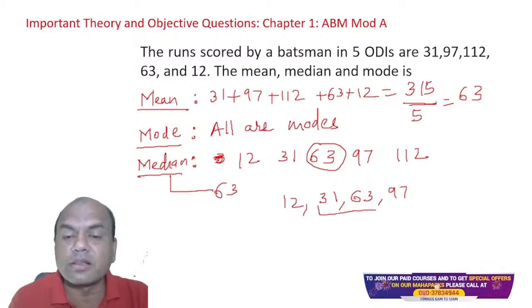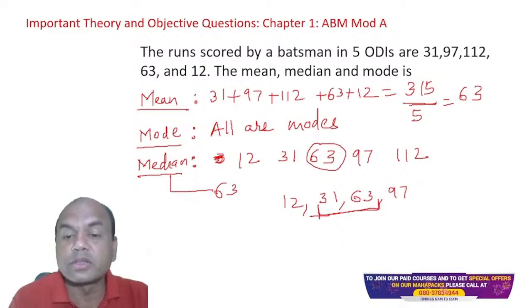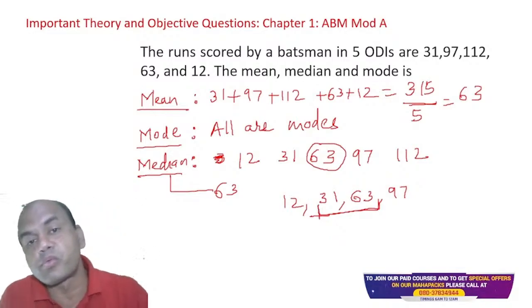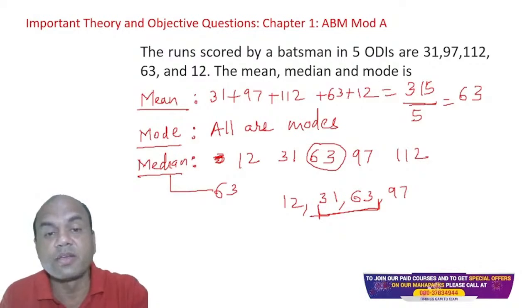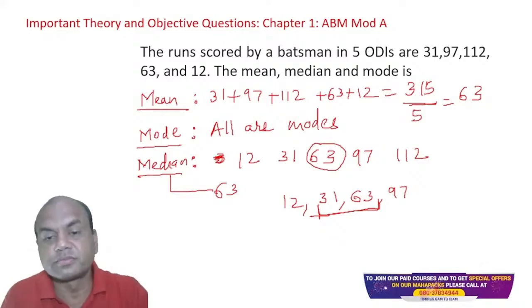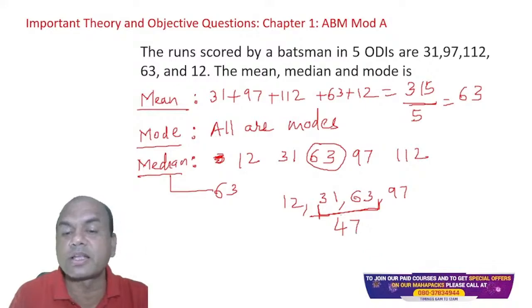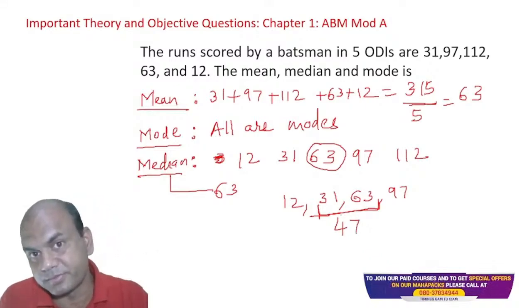These are the 2 central numbers. Find the average of these. So 31 plus 63 upon 2. 31 plus 63 is 94, upon 2. So it is 47. Then the median would have been 47 in that case.